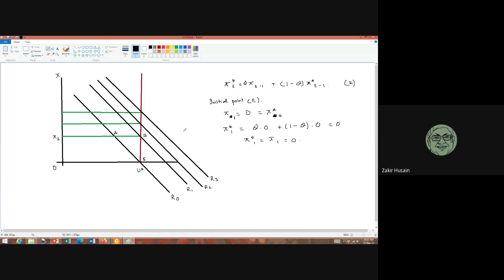It moves to pi 2. Okay, I'm using slightly different notations over here. Or do you want me to use the same notation? So that would be better. Okay, then let me have a look at this.